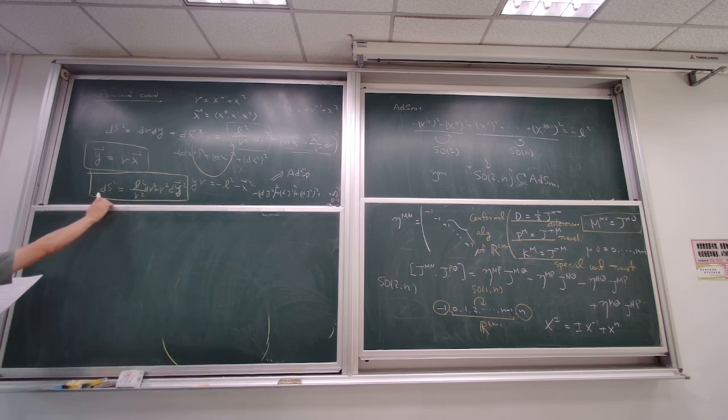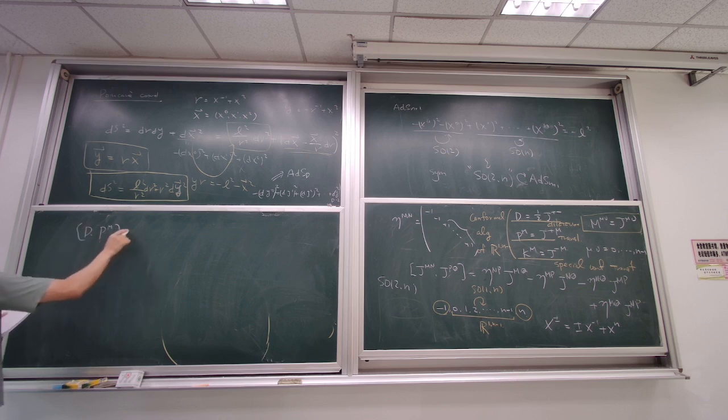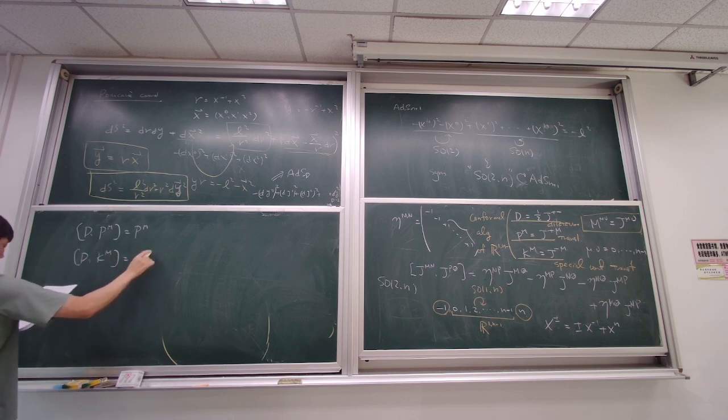For instance, we have [D, P_mu] behaves like P_mu, and [D, K_mu] behaves like minus K_mu, something like this.